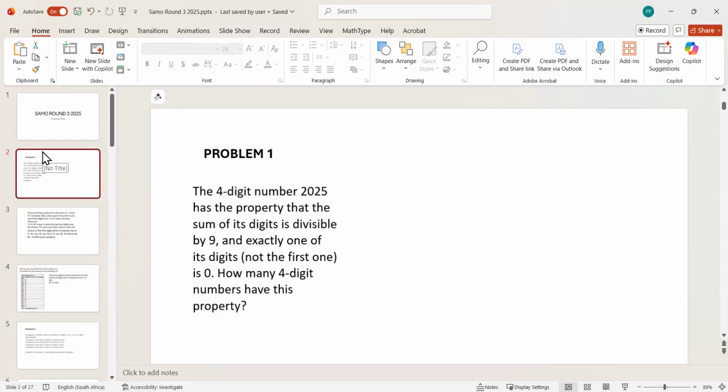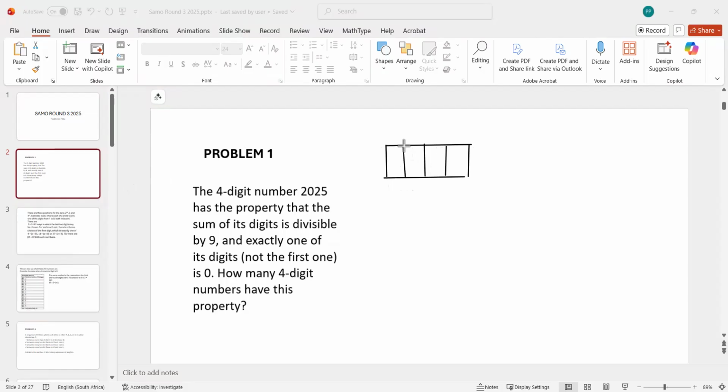All right, so let's have a look at this. We have to fill in three blocks here with the 0. The 0 can't occupy the first position because it's a 4-digit number. So the 0 can occur here, here, or here. Okay, let's take any one of the situations and we will count.